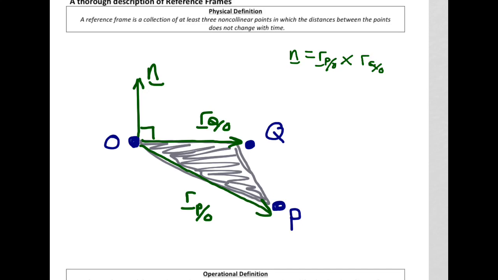Let's define our first line as going from O to Q, or passing through Q. Let's define our second line for our reference frame as starting at the origin O and going up through that vector that's normal to the plane. And then our third line being a vector that's normal to the plane created by the line from O to Q and the line that's normal to the plane.